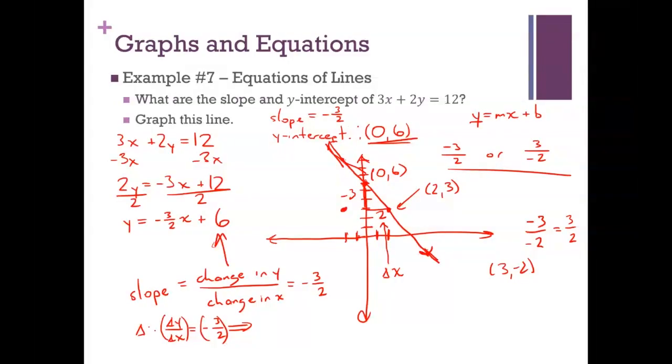If I multiply both sides here by delta x, then these cancel, and I get delta y equals -3/2 delta x. So if delta x is 2, then delta y has to be -3/2 times 2.